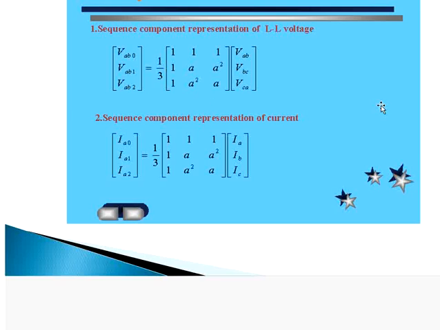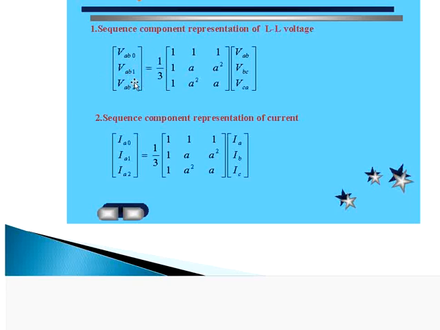VAB0 means it is the zero sequence component of my line to line voltage AB, or RY.